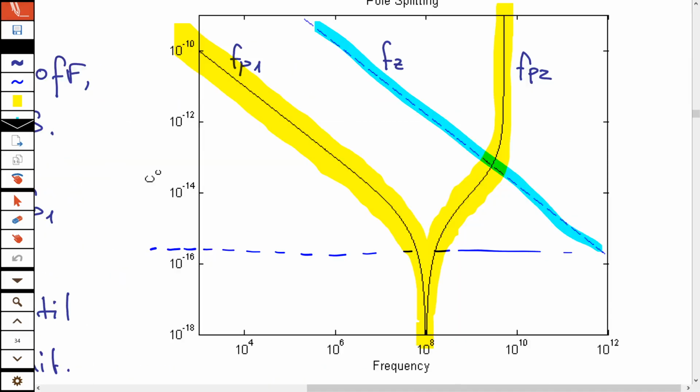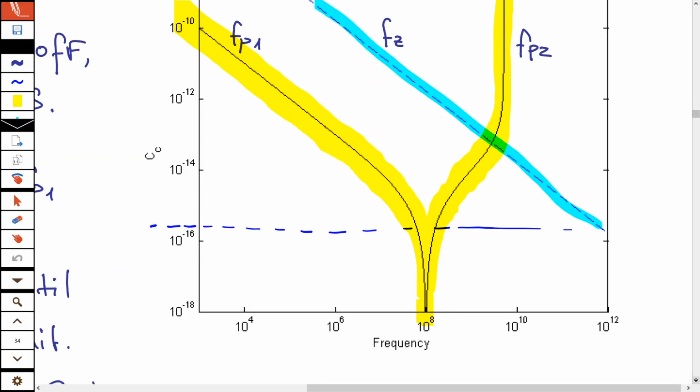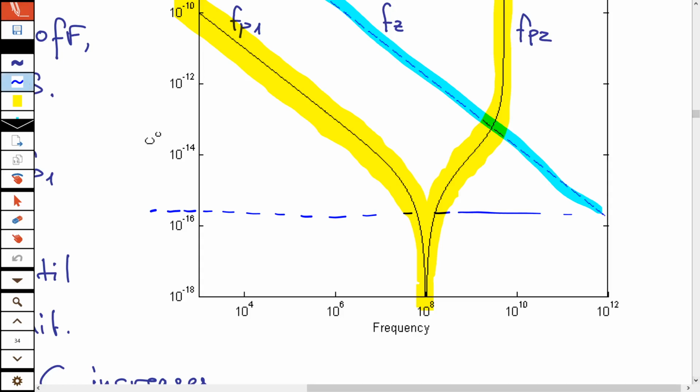So this is why the whole thing here at the output goes up from this frequency, which is G2 over C2, to this frequency here, which is G2 plus Gm over C2.